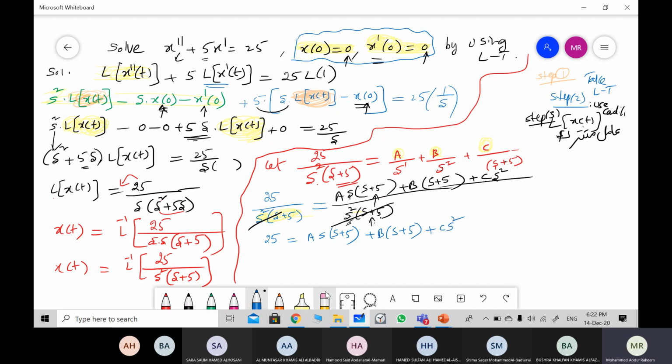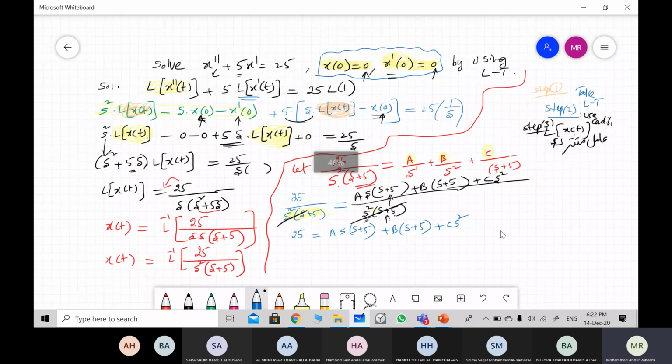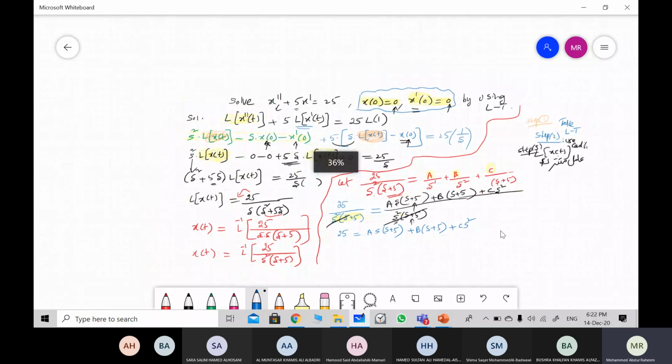Now how to find A, B, C, come on. How to find A, B, C? You remember? We already did last class. Yes, to find A, B, C, our target is to find A, B, and C, which we can substitute here.